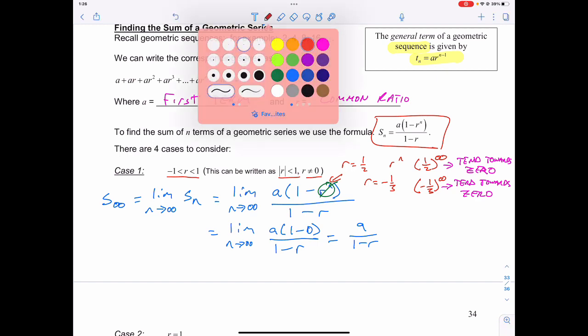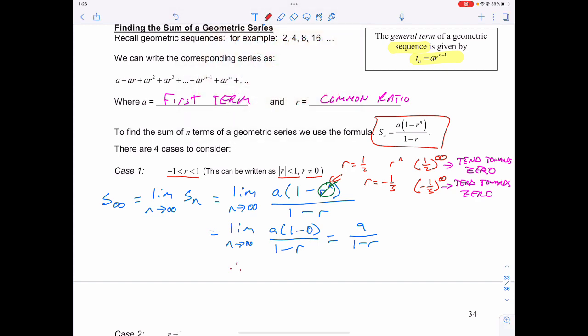Which means that for this case, the infinite sum is just going to equal a over 1 minus r, which is solvable, which means that the sum exists and it is convergent.